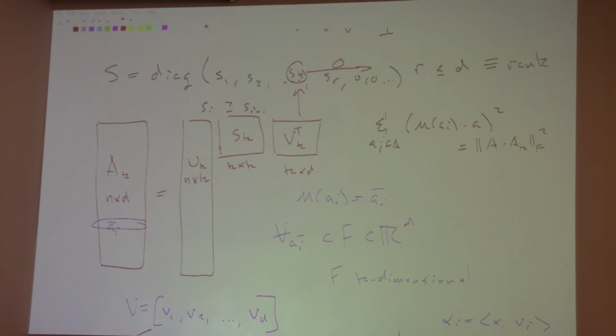So what the Frobenius norm of a matrix is, if I look at this, is just going to be the sum over all entries squared.